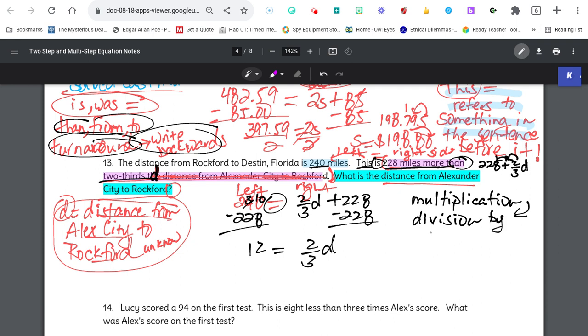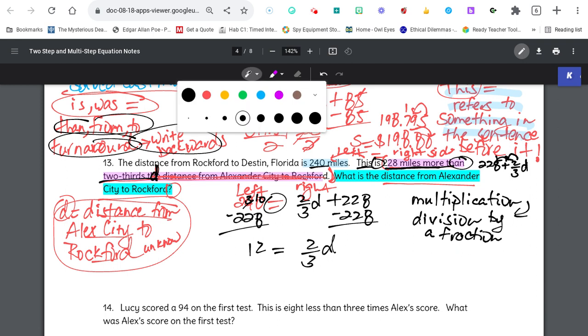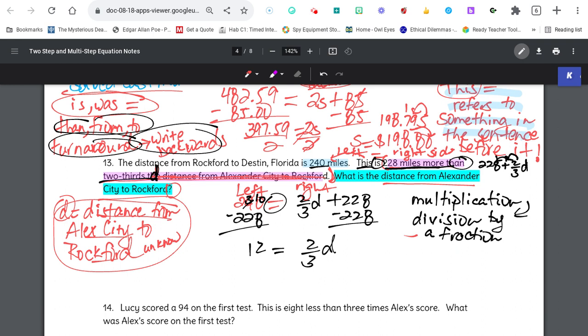But division by a fraction takes us back to keep, change, flip. When I say change, that means you change it right back to multiplication. So it takes us right back to multiplication, but multiplication by the reciprocal, or the flip of the fraction. Okay? So I'm going to multiply by the reciprocal of 2/3, which is 3/2. You just flip it. But what you do on one side, you do on the other.